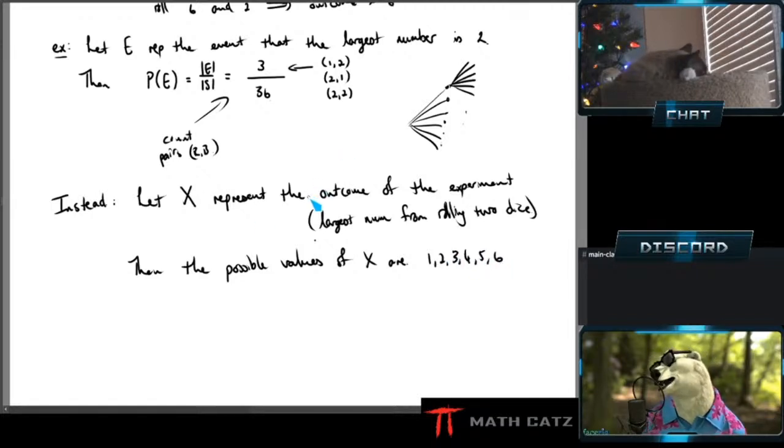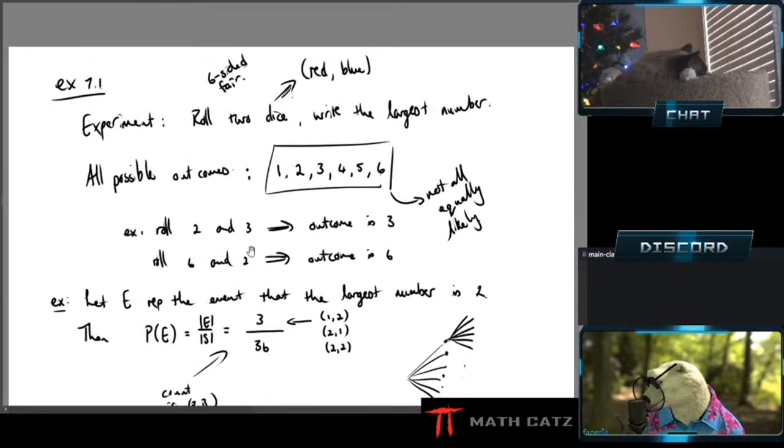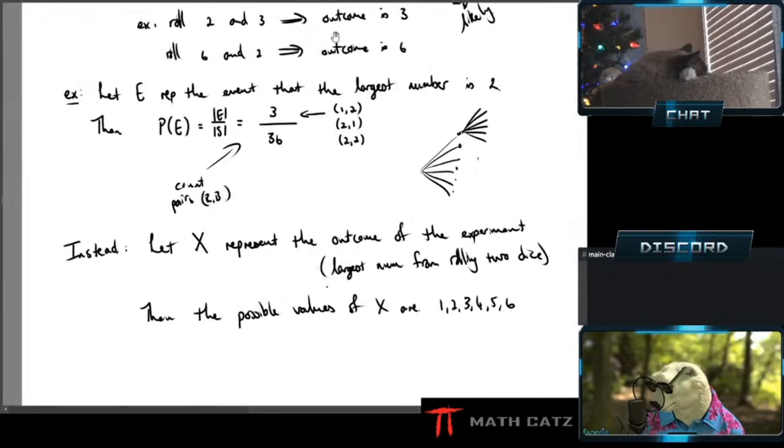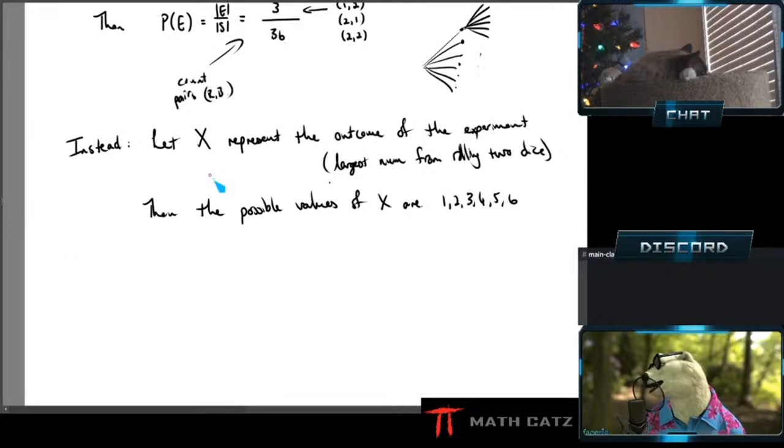We're not doing anything different, really. We're just giving it a different look, if you will. See how we're doing the same thing. We write the experiment, we understand what we're looking for, all possible outcomes. Now I'm just associating these outcome values with a variable.